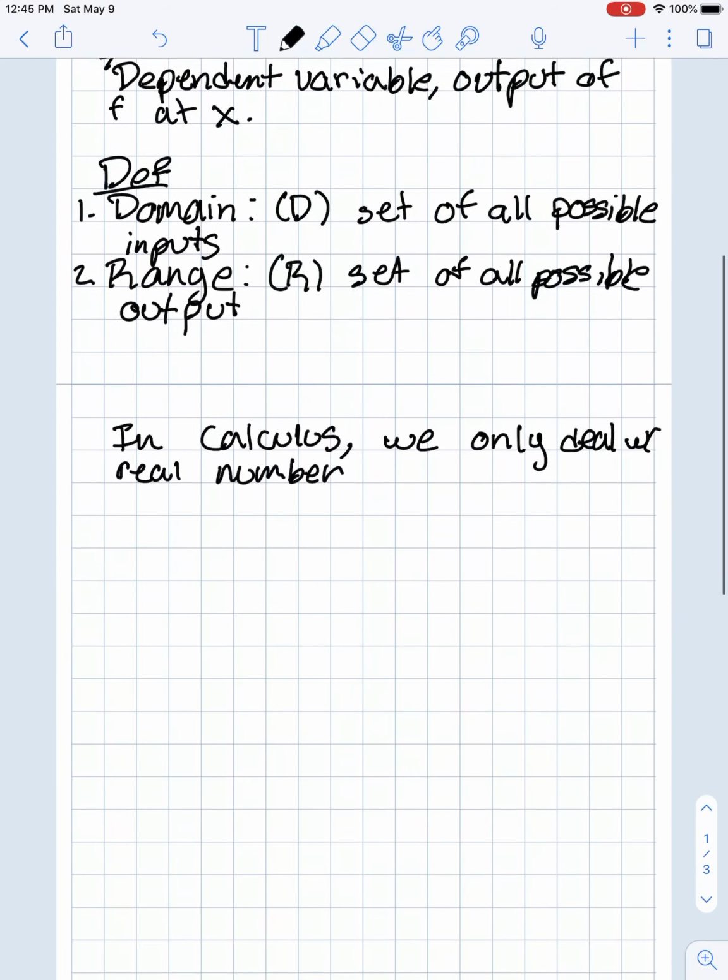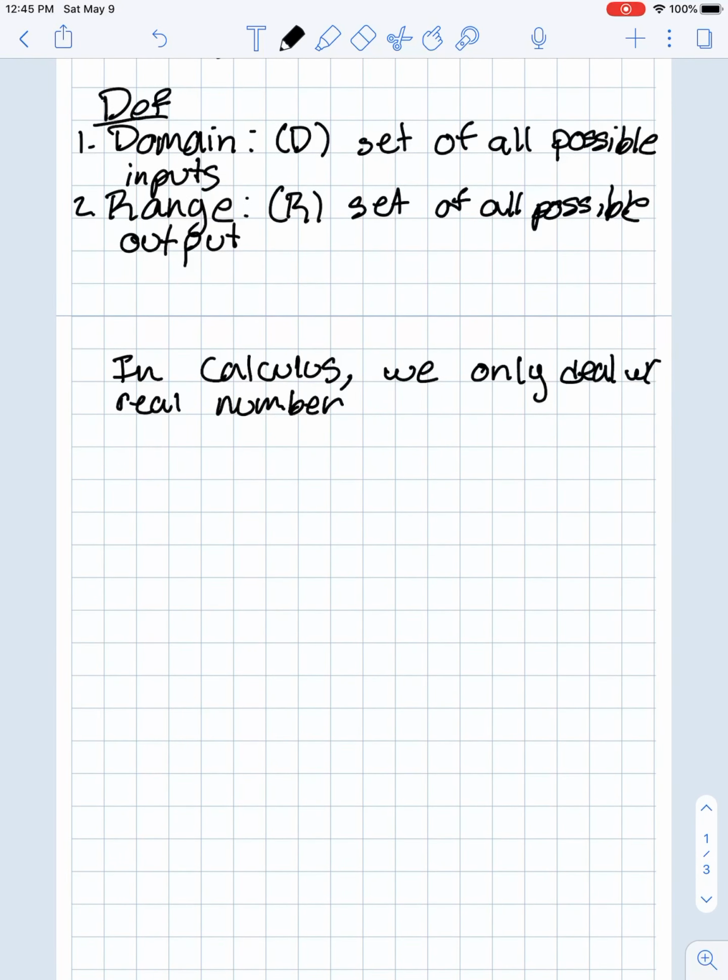So how can I find the domain and range of a given function? So let's do some examples. It kind of takes some trial and error and practice, right? Practice makes perfect. So what if we had our function? We're going to put our domain right here and our range right here. So if I have y equals x squared, I can put any number into x squared.